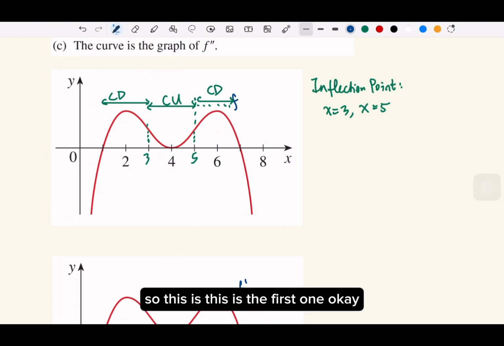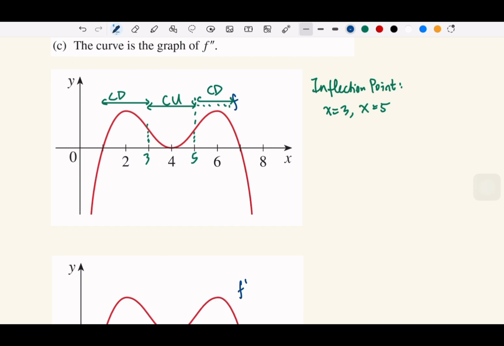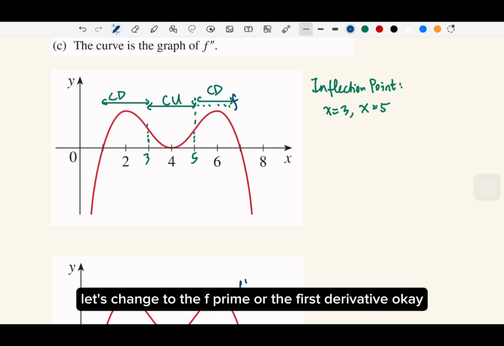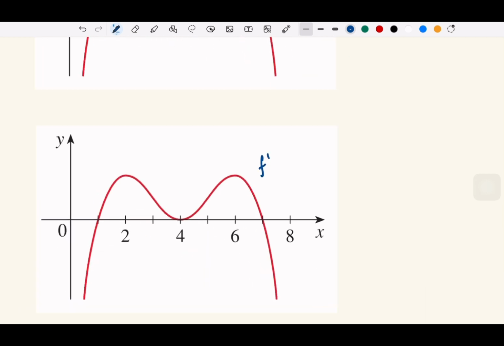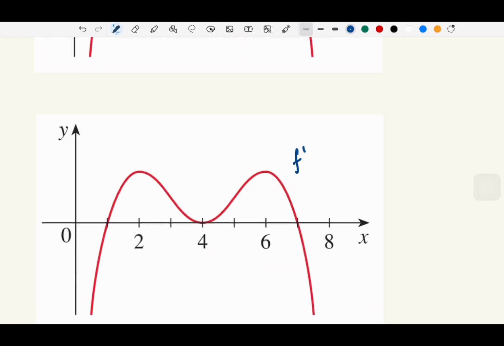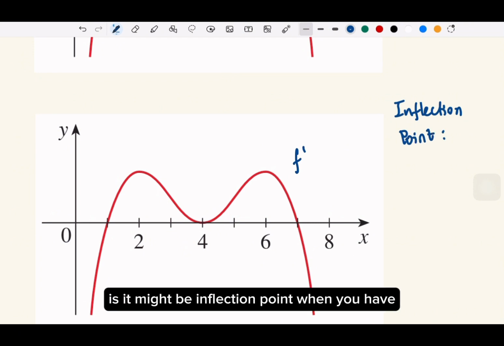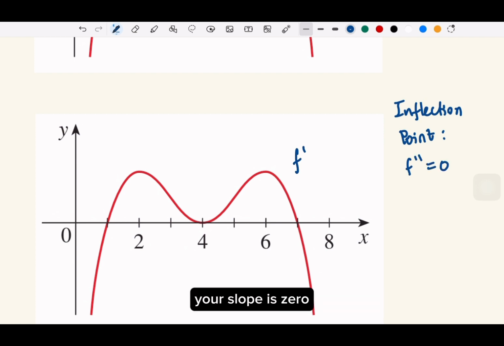Okay. So this is the first one. Okay, if the curve is f, and let's change to the f prime or the first derivative. So the inflection point might be when your slope is 0.